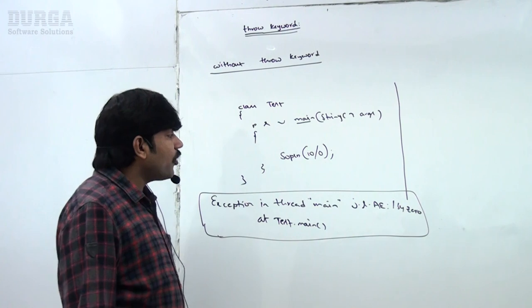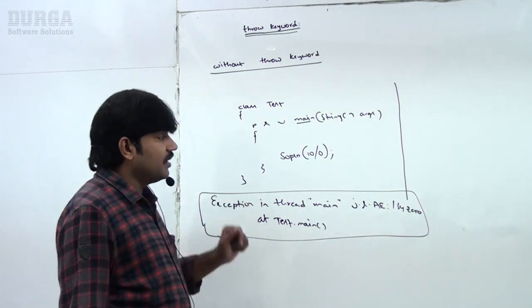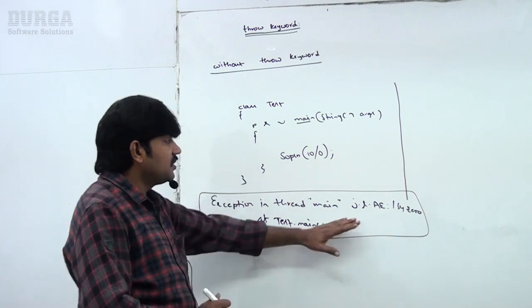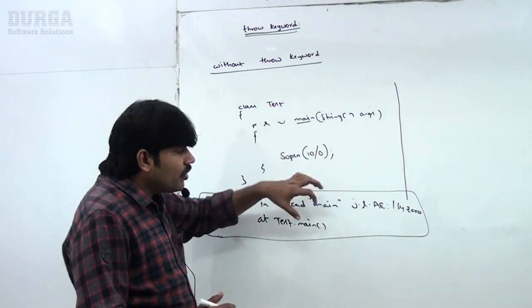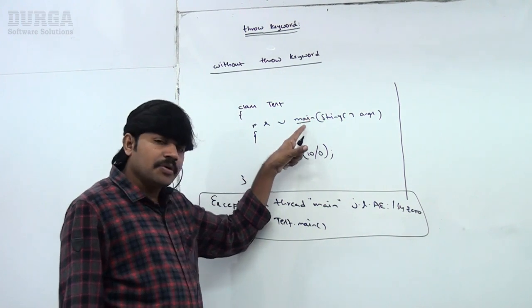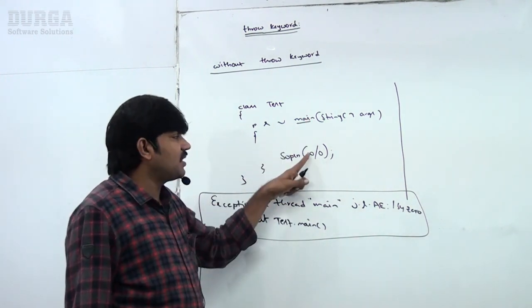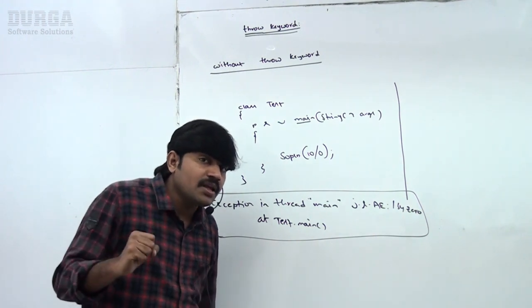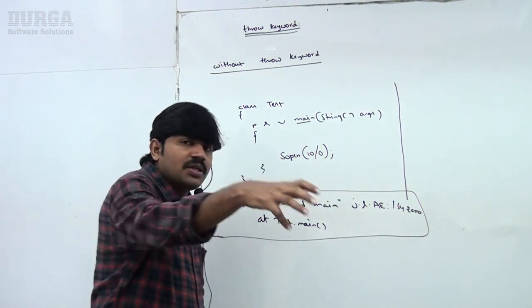Now the important conclusion here, take very special care: who is responsible to create the exception object? The main method, of course with the help of the JVM. The main method is responsible to create the exception object and also to hand it over to the JVM.